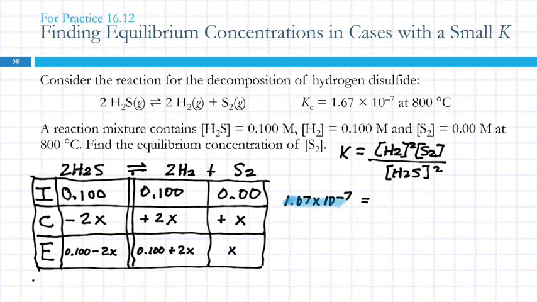That's the equilibrium constant. H2 at equilibrium is 0.100 plus 2x, the quantity squared.